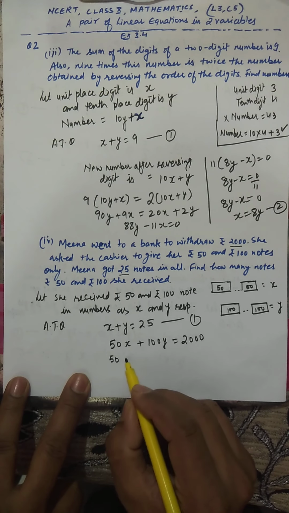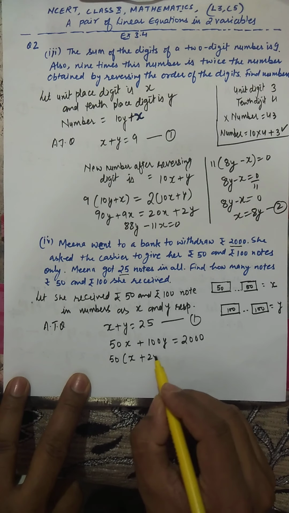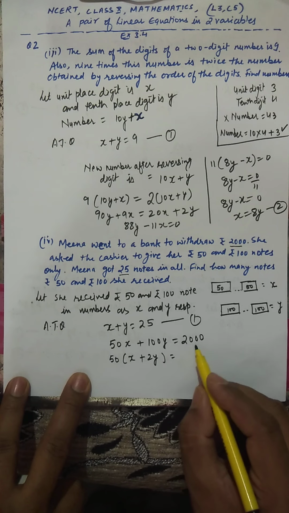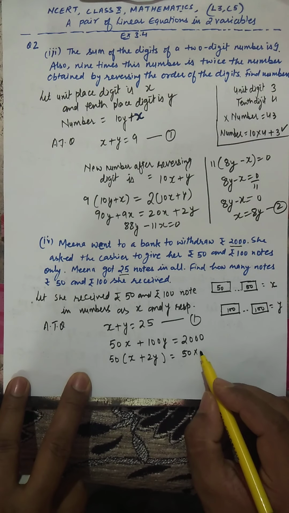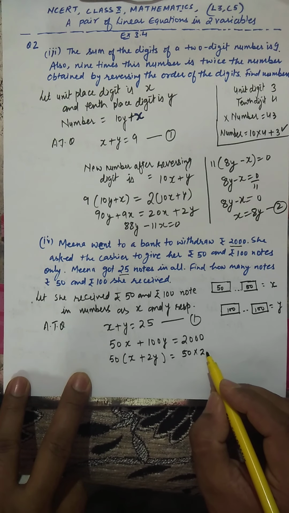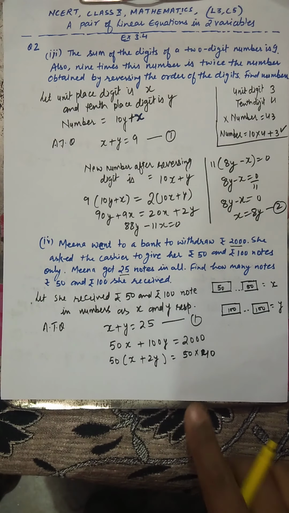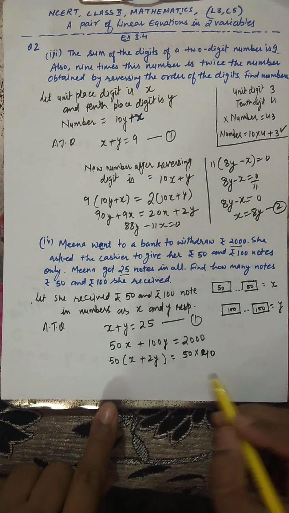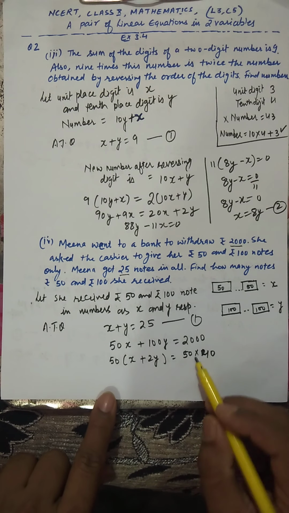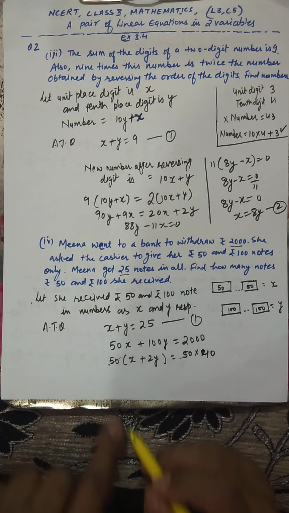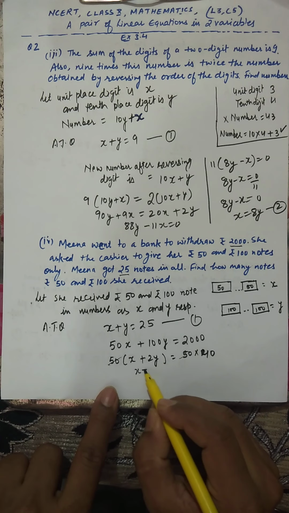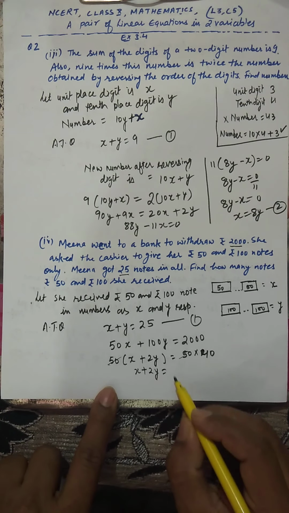So if you take 50 common, this becomes x, this becomes 2y, and 2000 is 50 into 40. Why have I converted it into 50 into 40? So that you can cancel this number 50. So this becomes x plus 2y equal to 40.